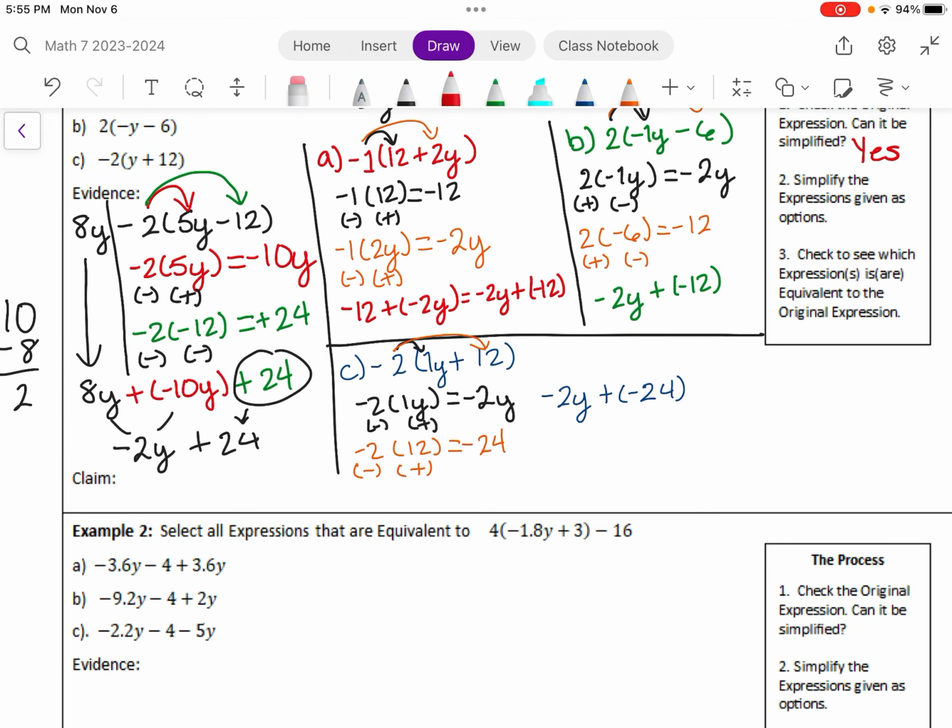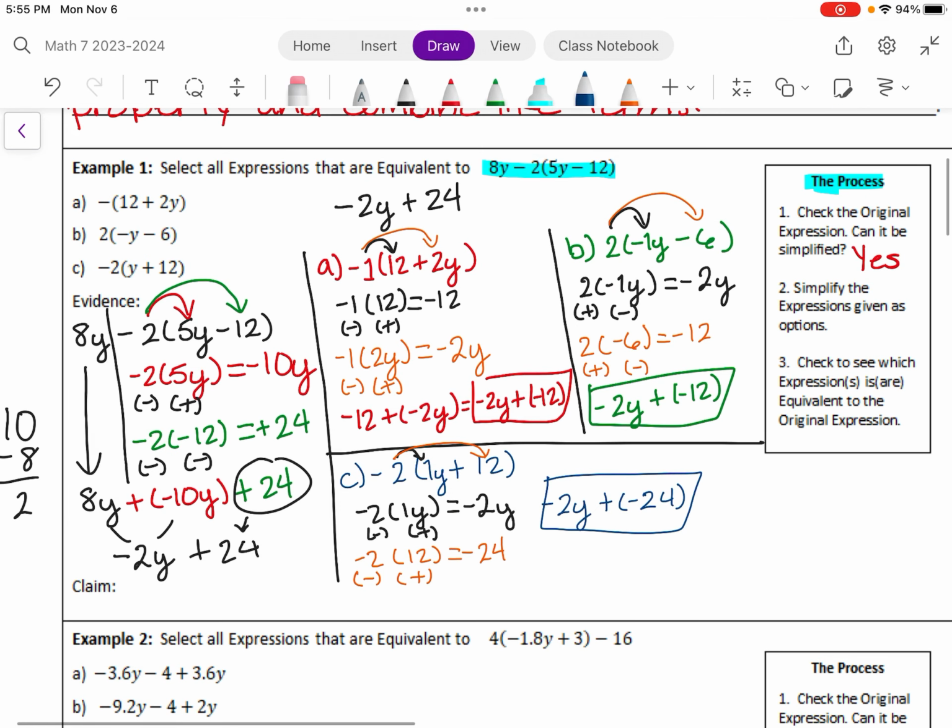Okay. So I have all of my options here. Looking at what I boxed in and my original expression, none of them are exactly the same, which tells me that none of these are equivalent.